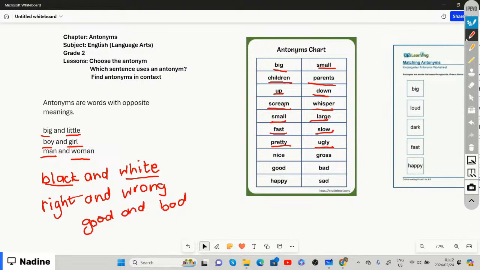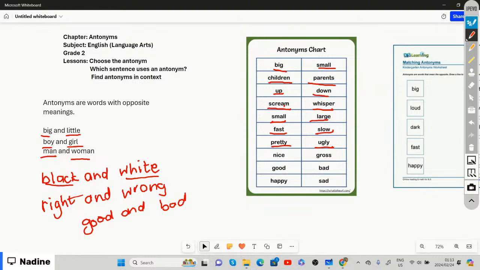I won't say special and unspecial. Like you said, good, bad, happy, sad. But I can't think of special and unspecial. It's either you're special or you're not special.